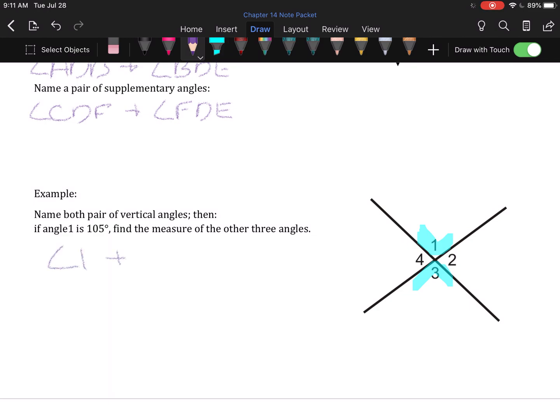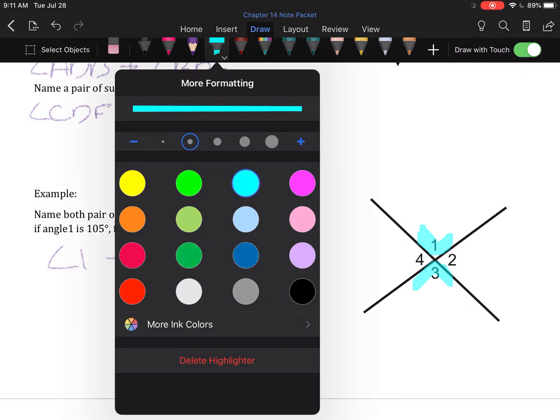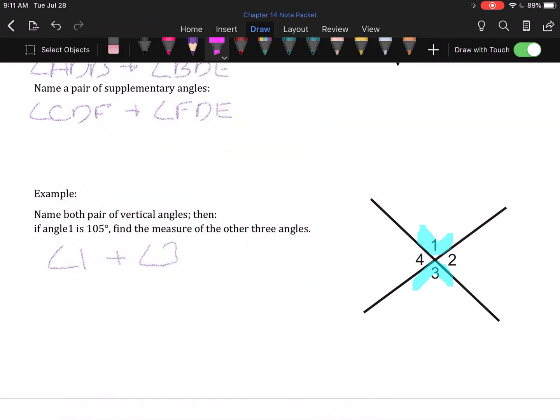Angle 1 and angle 3 are vertical. And you can see this is another new way of naming angles. Sometimes they will just have a number in them. In that instance, you can get away with saying angle 1, angle 3, angle 2, angle 4, whatever. 1 and 3 are easy, I think, to see they're vertical because when you hear the word vertical, you think up and down.